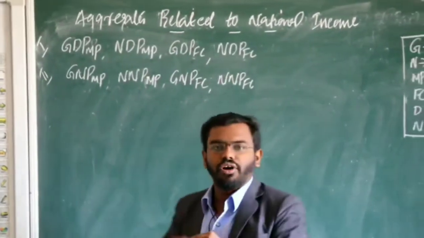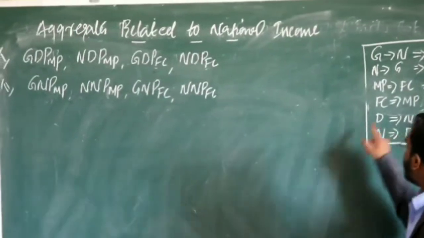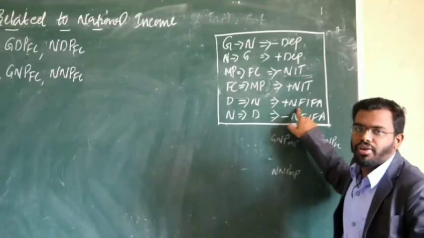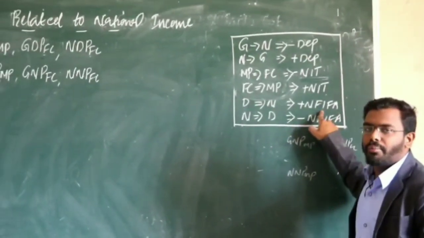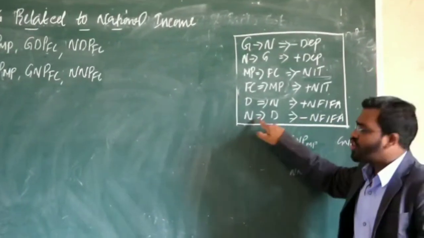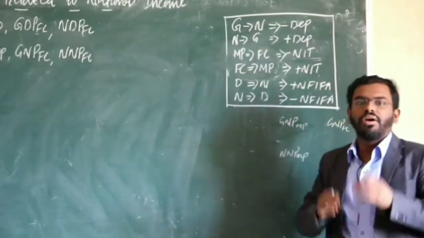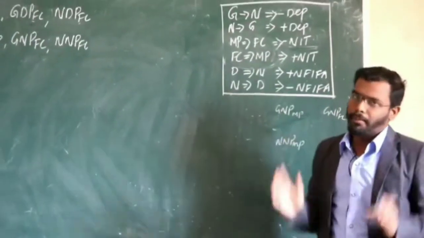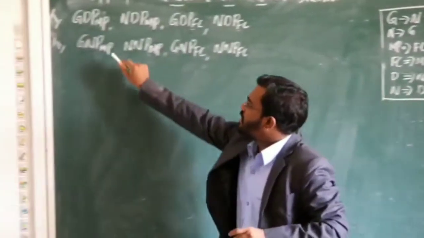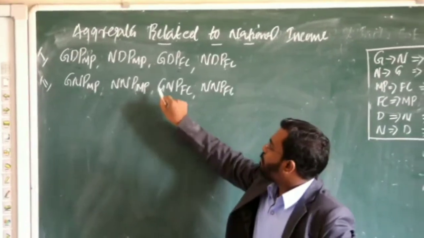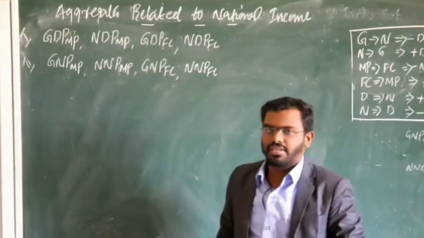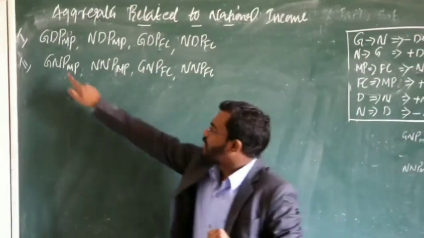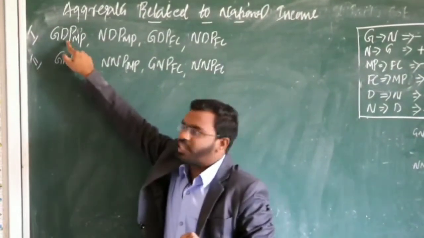We can convert domestic into national by adding NFIFA, net factor income from abroad, and convert national into domestic by subtracting NFIFA. Normally we calculate GNP-MP, NNP-MP, GNP-FC and NNP-FC from the domestic concept. That means GNP-MP we will calculate from GDP-MP.